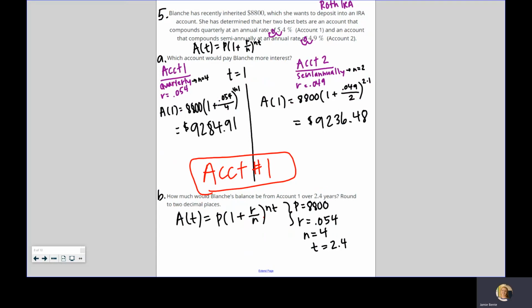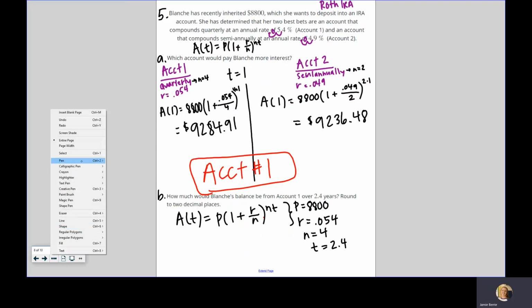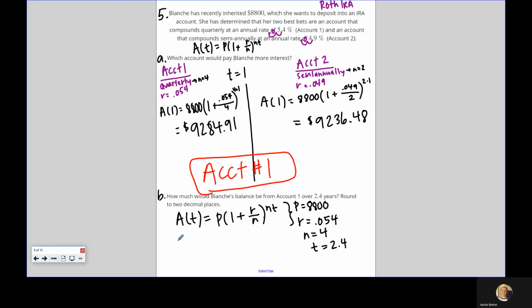All right, so let's plug all those numbers in and see what her future value of her account is going to be after 2.4 years. A of 2.4 equals principal times 1 plus interest rate in decimal form over number of compounding periods raised to N times T, so that's 4 times 2.4.